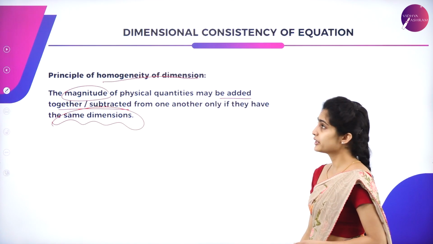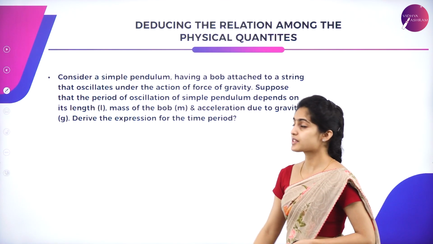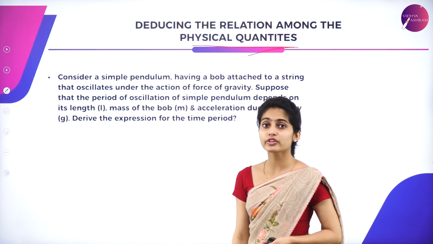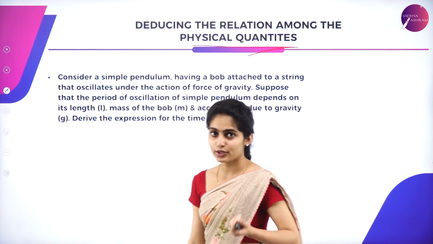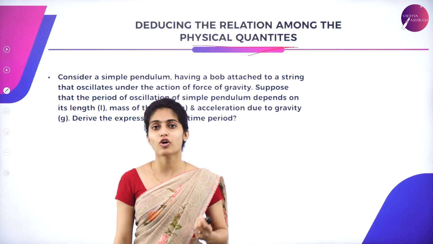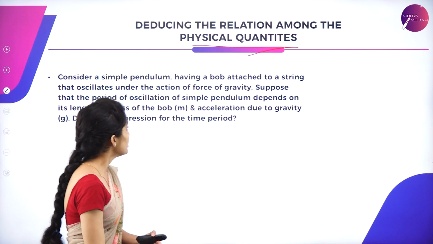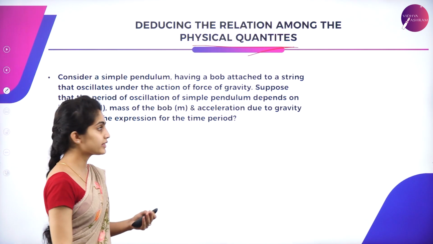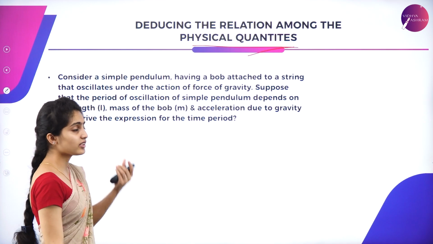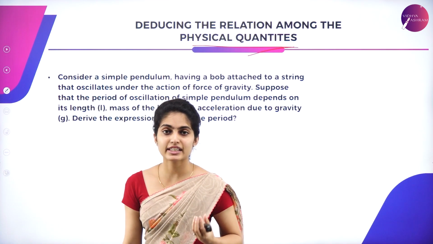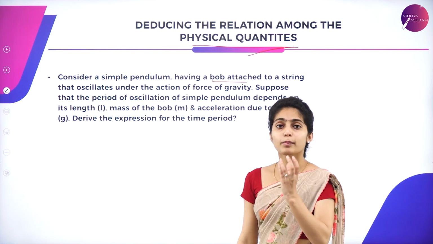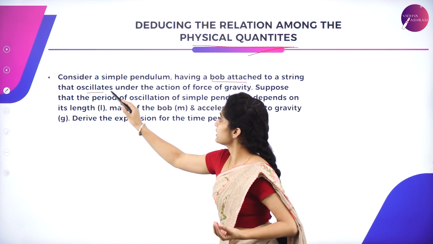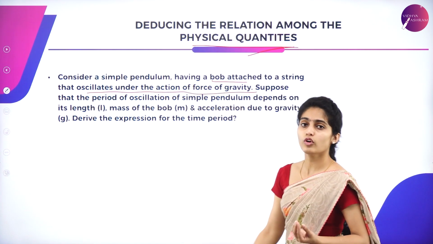And next we are going to deduce the relations among the physical quantities. This I told you, this is one of the applications of the dimensional formula. So how are we going to deduce the relation among the physical quantities? So we have to consider a simple pendulum. It is a simple pendulum, that is a bob which is attached to a string, which oscillates under the action of force of gravity.